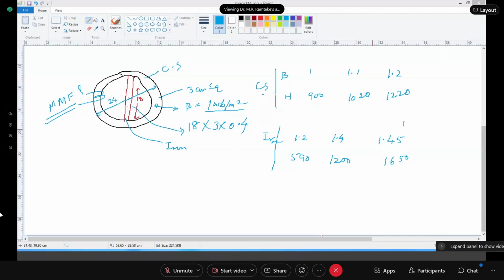No, actually, these are the dimensions. It may not be cylindrical or cuboid. It may be anything. This is 18 centimeter by 3 centimeter by 0.4. So the height is 18, 3 centimeter. It's a bar. You can assume a rectangular bar.